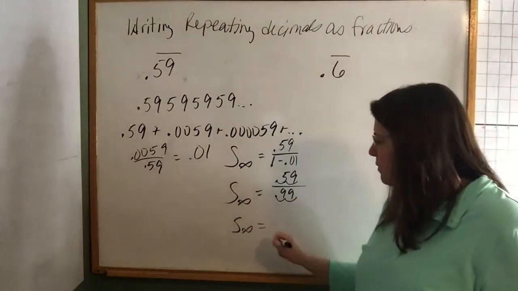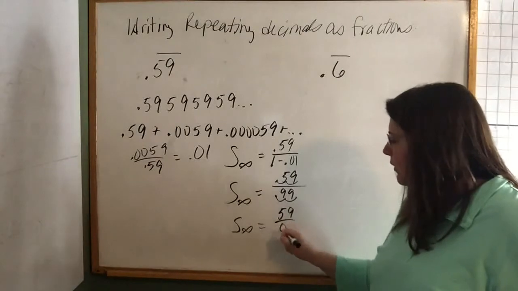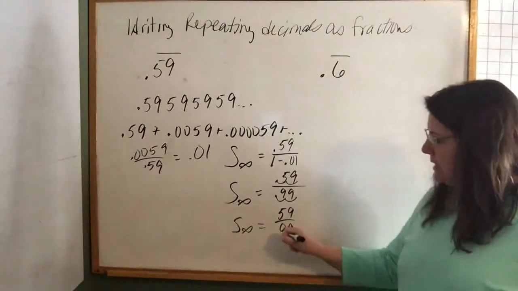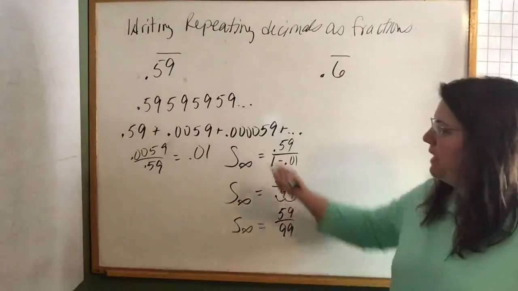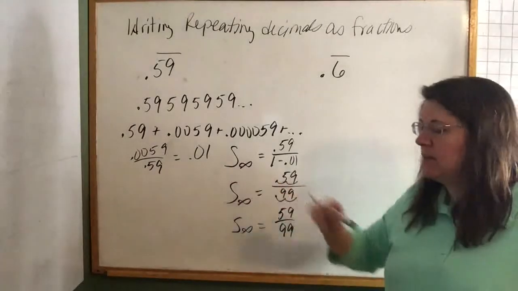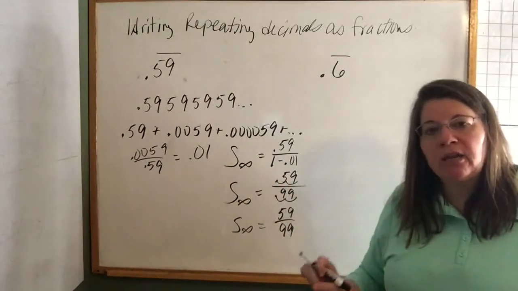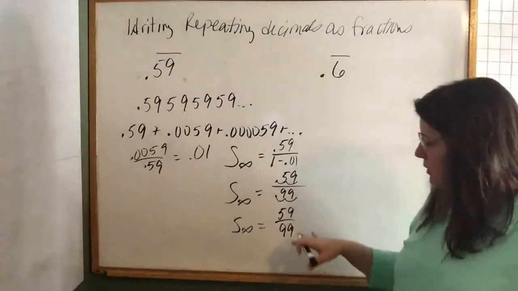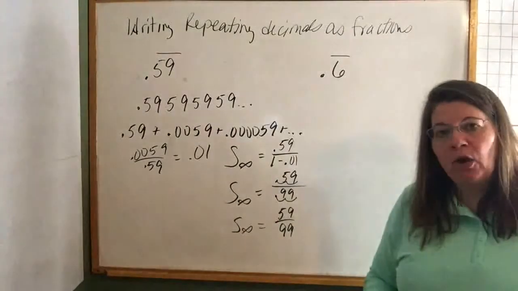S sub infinity would equal 59 over 99. That fraction doesn't simplify. This is the fraction that would be equal to 0.59 repeating. So using infinite series and its formula, we can convert any repeating decimal now to a fraction. So this fraction is 59 over 99.